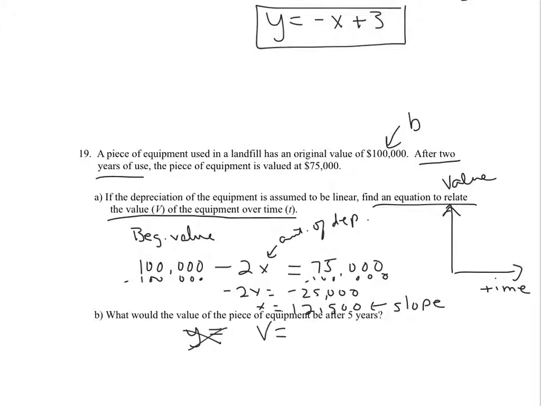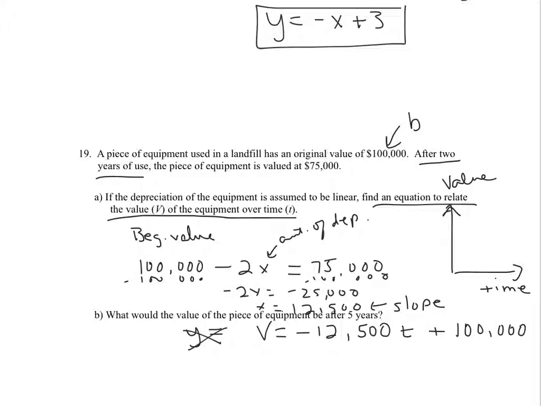So the value is going to equal, because depreciation is going down, it's a negative slope, so I have a negative 12,500t, that's how much for each year the price will go down, plus my b value was 100,000. So that's the equation that we're going to start with.